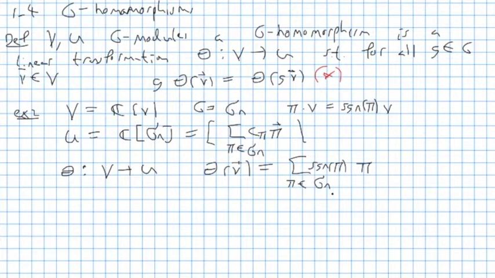That's enough to define a linear map, and this is also an Sn homomorphism. I'll let you check this as an exercise. So here are two examples of G homomorphisms.